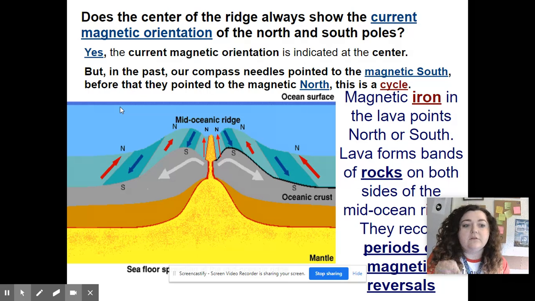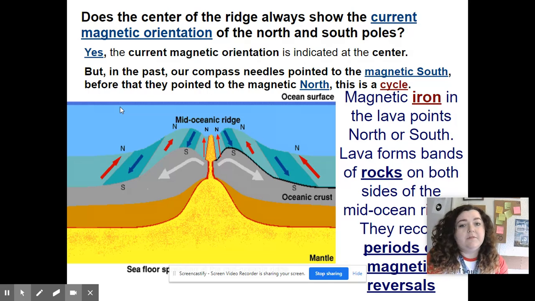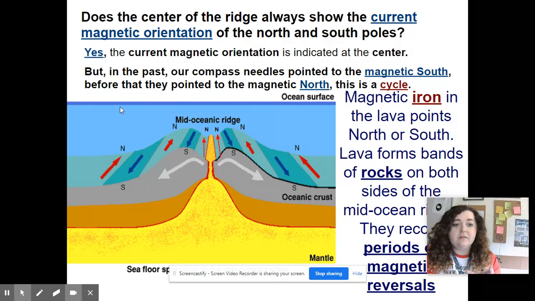So the one in the center is going to be your most current magnetic orientation. But in the past, our compass needles pointed to magnetic south. So before they pointed to magnetic north, they pointed south. And this is a cycle. So we know that the North and South Pole is a little bit different than the magnetic North and South Pole. And this is shown in the rock history.